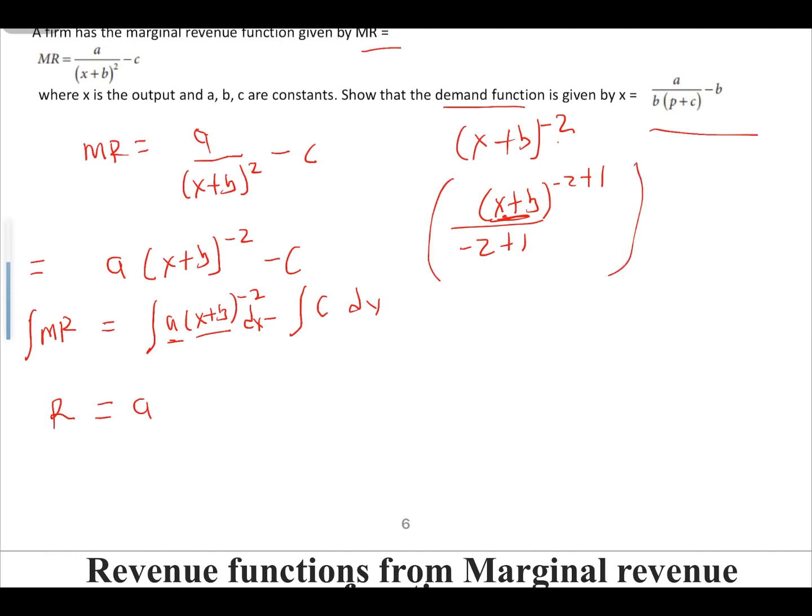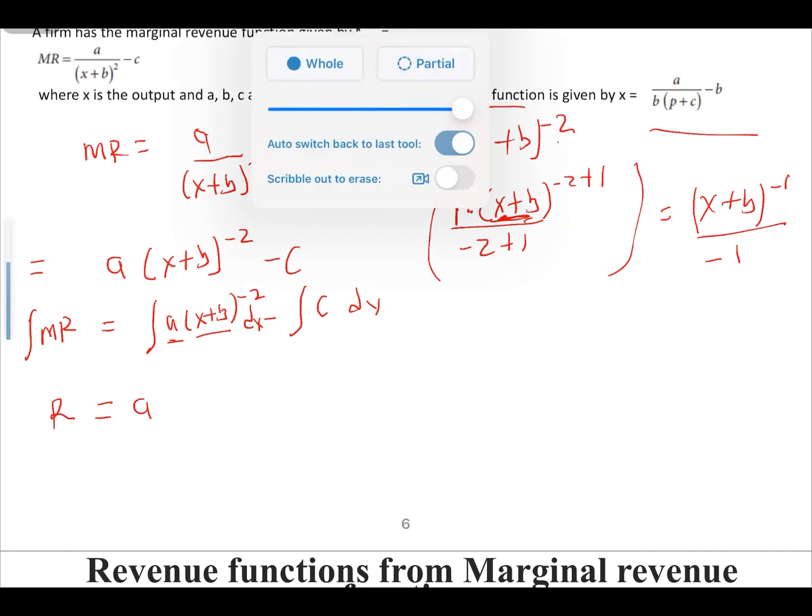When we differentiate X, we get 1, and when we differentiate B, we get 0. So we multiply by 1. At the end of the day, we get (X plus B) to the power negative 1 over negative 1. That's what I want you to know, how you can do that.